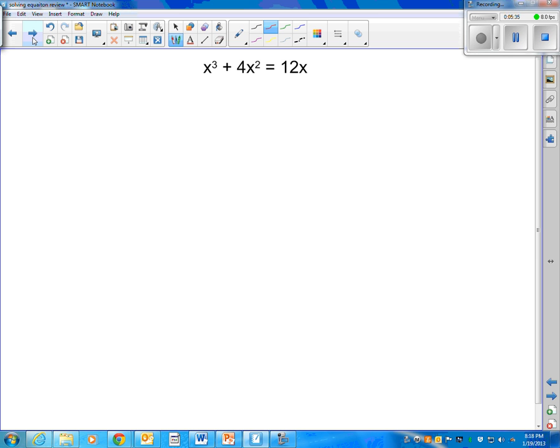In the next problem, however, we have a cube. I cannot just right away go to the quadratic formula. The first thing I need to look at, again, remember to solve, you can factor or use the quadratic formula.